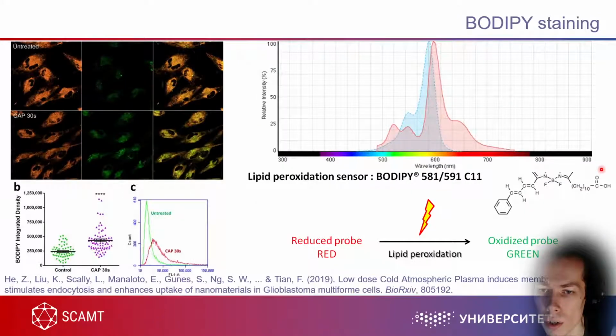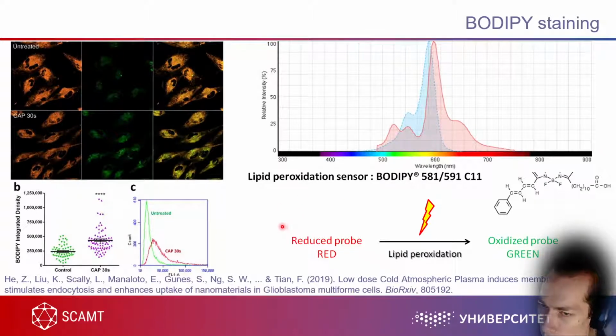But there can also be other approaches to stain something connected with ROS. For example, BODIPY staining. BODIPY is a whole family of different molecules used to stain different things happening to a cell, but this one is BODIPY staining for lipid peroxidation.